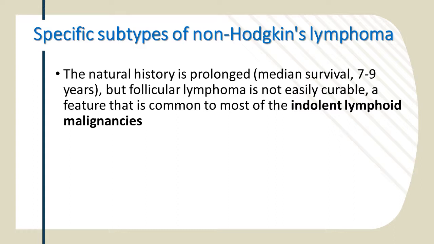It is important to know that the natural history of follicular lymphoma is prolonged, with median survival of 7 to 9 years, but it is not easily curable, a feature that is common to most of the indolent lymphoid malignancies. However, in about 30 to 40% of patients, follicular lymphoma progresses to diffuse large B-cell lymphoma.